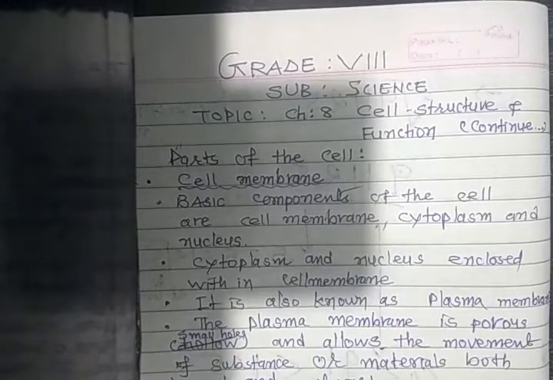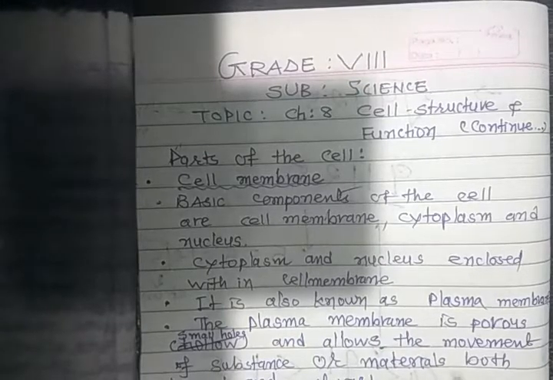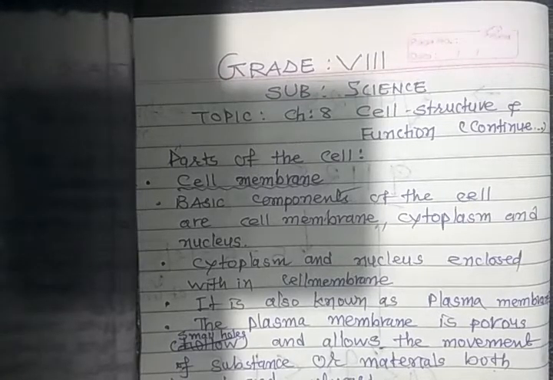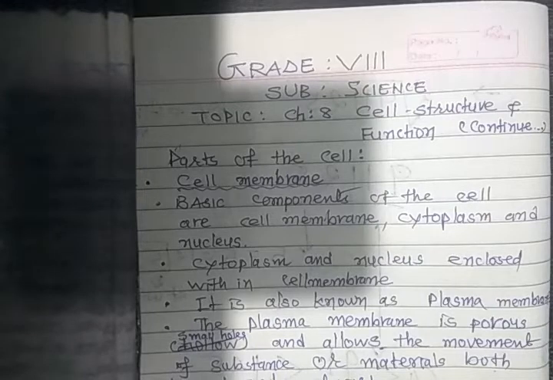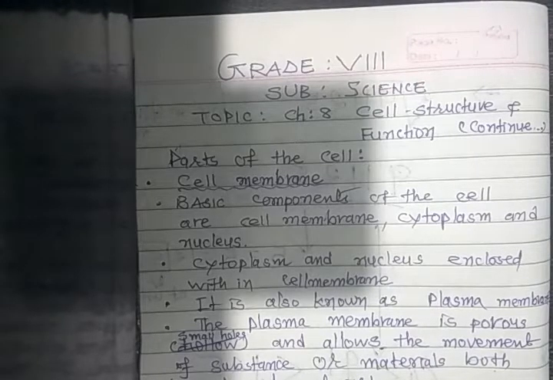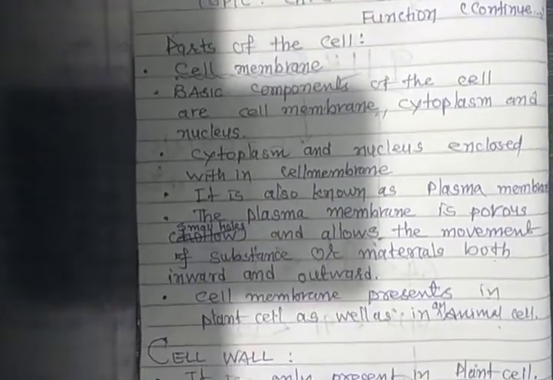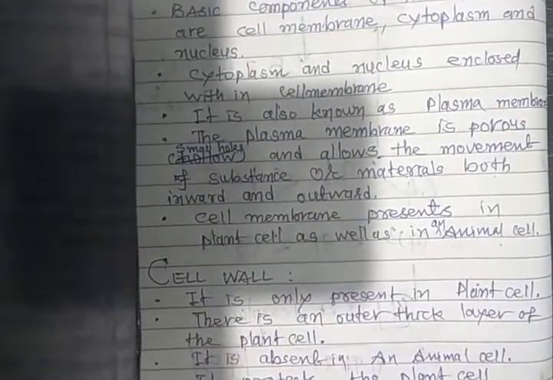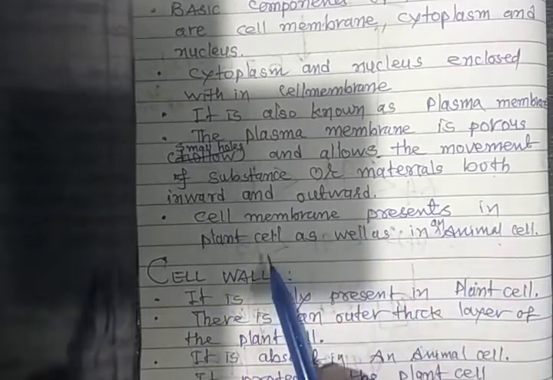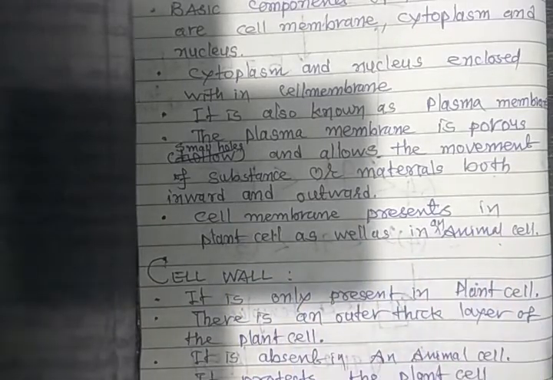So it allows the movement of substances both inward and outward. Cell membrane is present in plant cells as well as in animal cells.